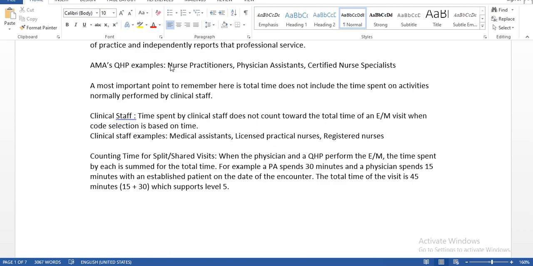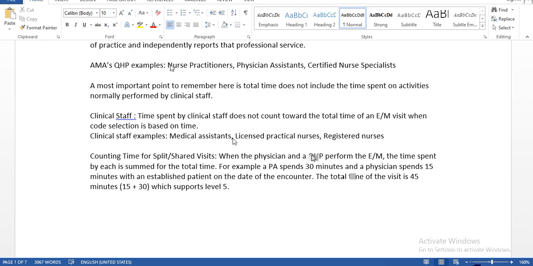You need to remember that based on the AMA definition, we can take the timings of qualified healthcare professionals, but we can't count services by clinical staff. Here you may have a doubt: who are the clinical staff? We can check here: medical assistants, licensed practical nurses, registered nurses.